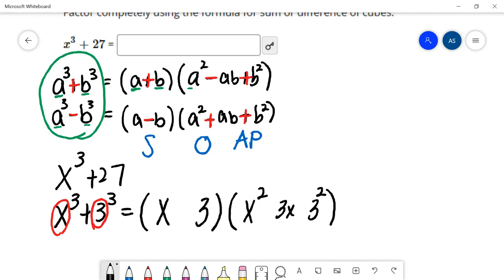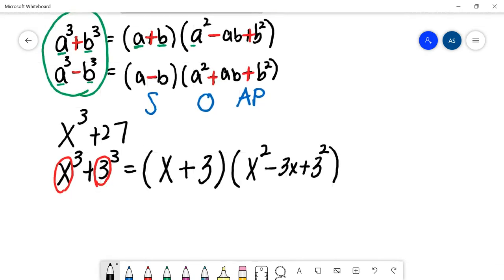And then remember our mnemonic device, SOAP: same, opposite, always positive. So I have a plus here for same, opposite, minus, always positive. Now we want to clean this up just a little bit by doing some simplifying.